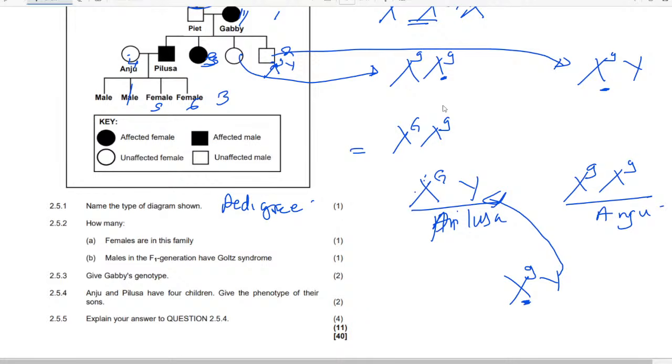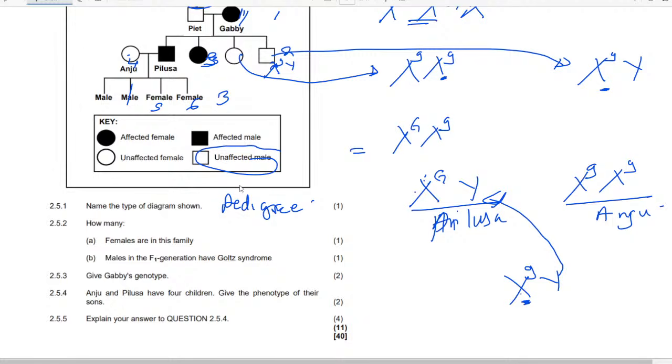Because the father is always giving the Y chromosome, the X came from the mother. Since this is recessive, the person is unaffected. So the answer is unaffected males, or males without Hortis syndrome.